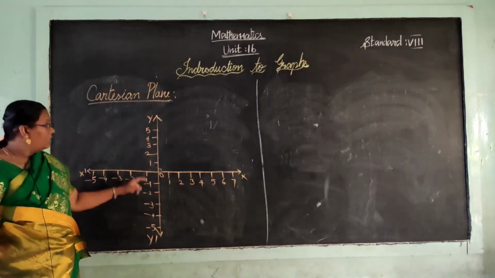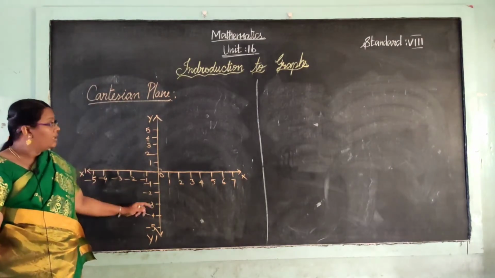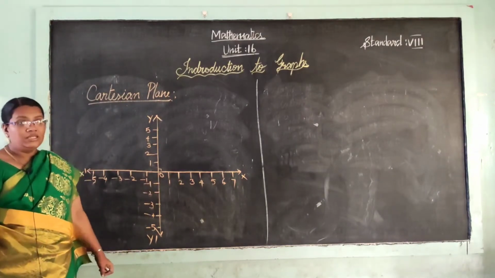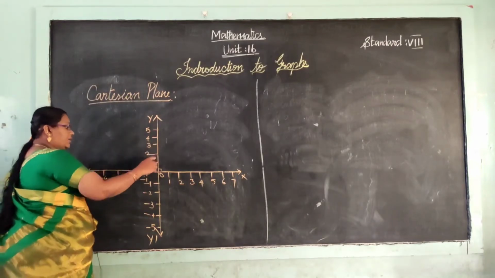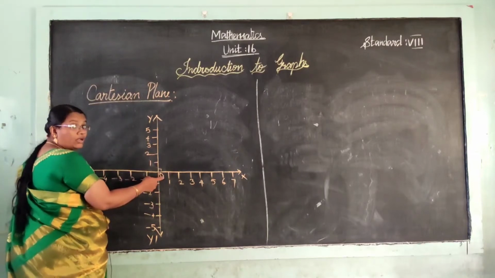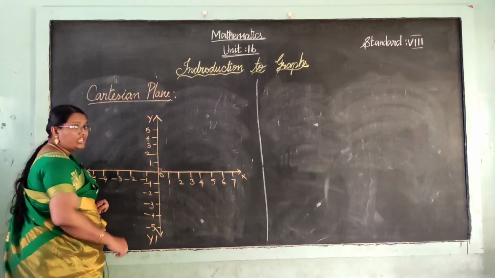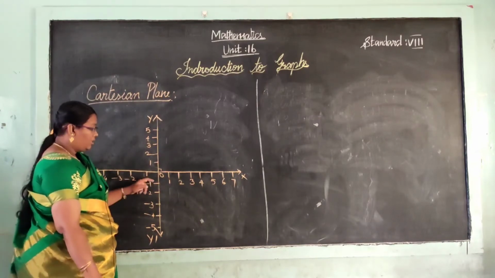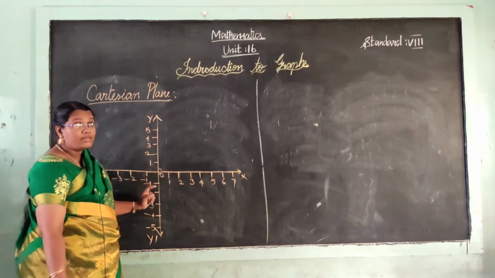The two axes intersect at a right angle at 0. 0 means the origin, O. The intersection at O is called the origin.